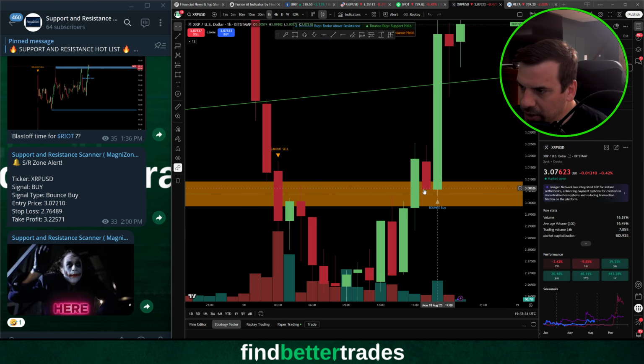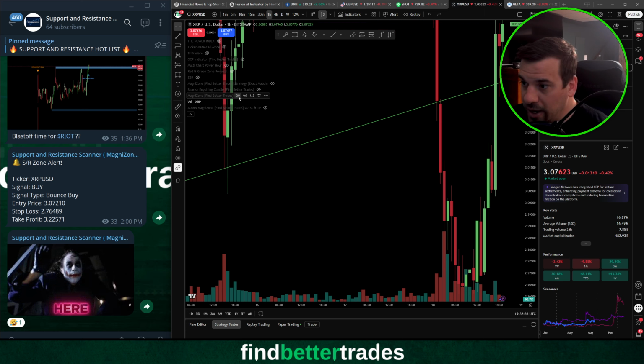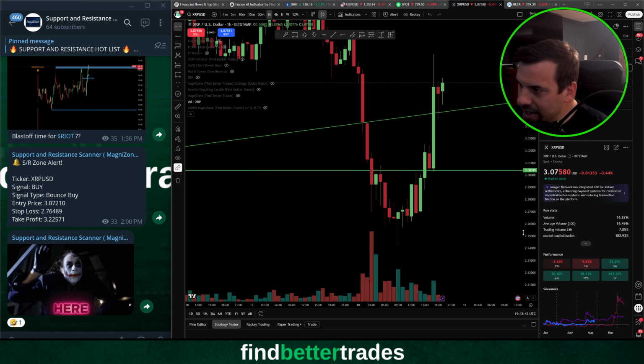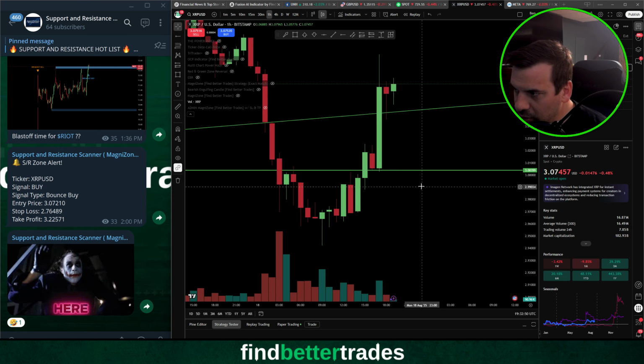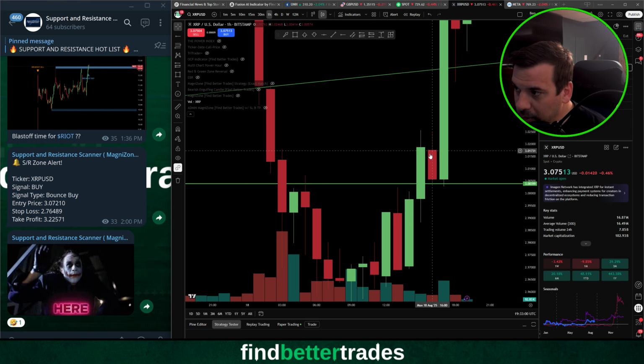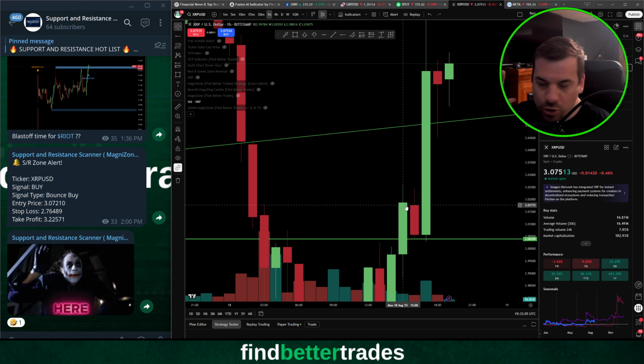This trade in particular, this was the breakout zone. This was the area where some people would have their lines. And yeah, it worked out here, but a lot of the time this will break and then come all the way back and close down here. But it didn't. In fact, it went up and broke out, and then it stayed above the zone. That's why we got that initial buy alert. So very important. These candles are so important.